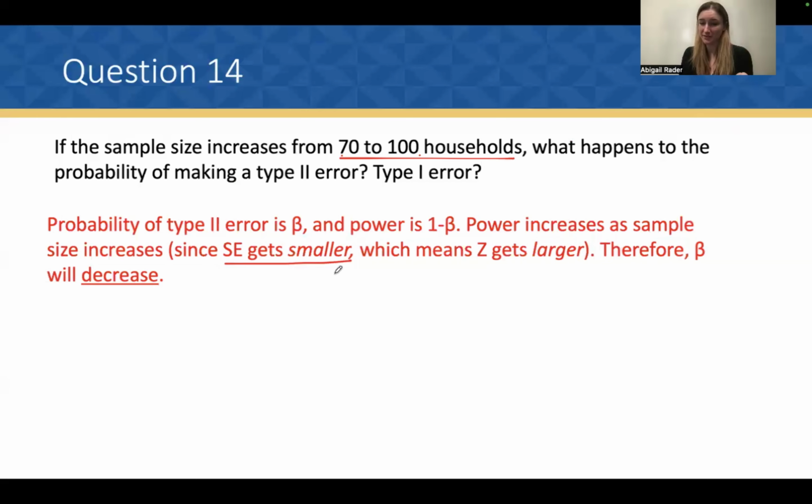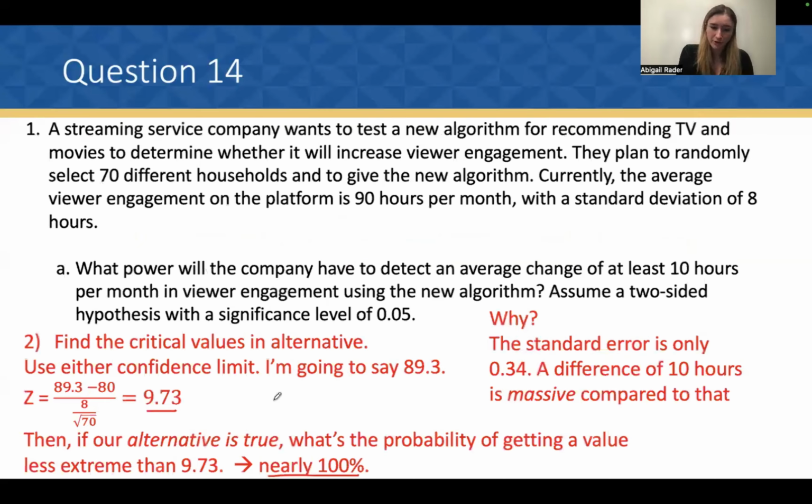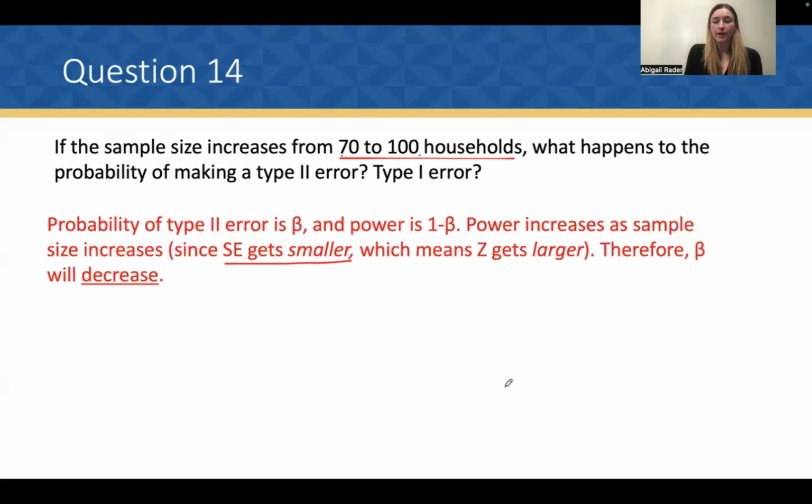With a smaller standard deviation, we have a smaller standard error, which means z gets larger, because this is our standard error down here. As that gets smaller, the value of z is going to increase. With a higher z, we get a higher beta. That's the probability of a type 2 error is beta.